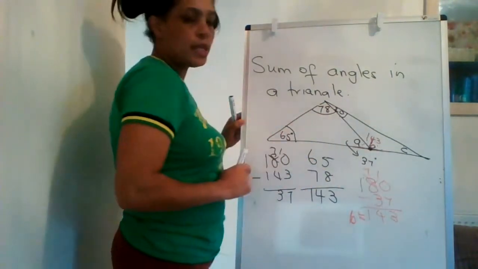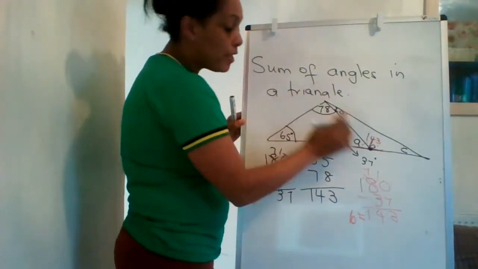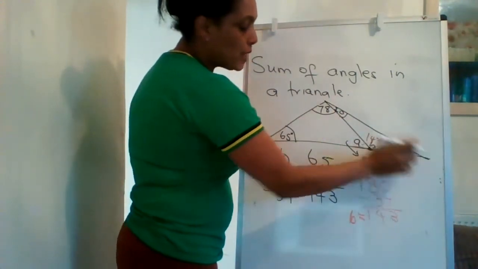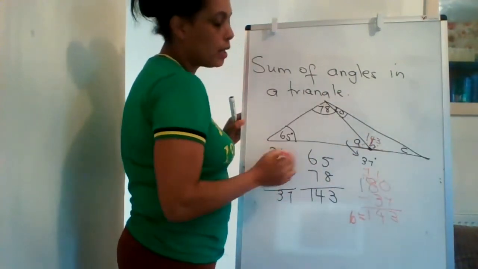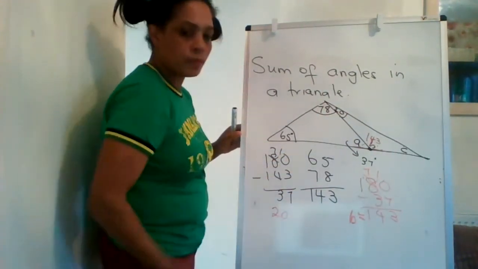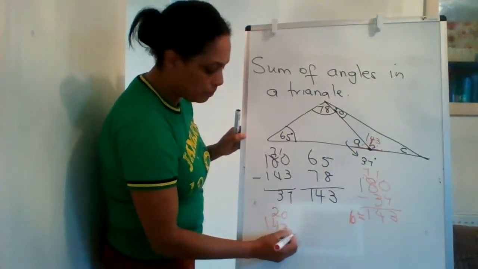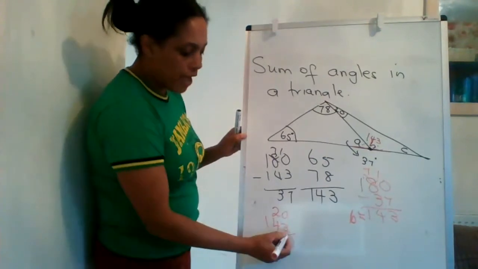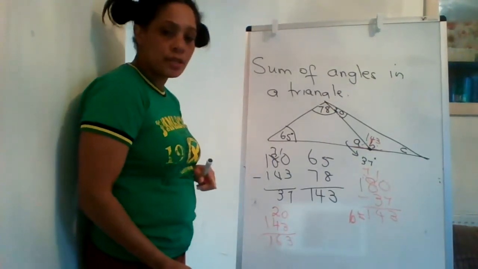What about C? Here, C is one of the angles inside of this triangle. This angle is 20. This angle is 143. If I add them together, I'm going to get 163.